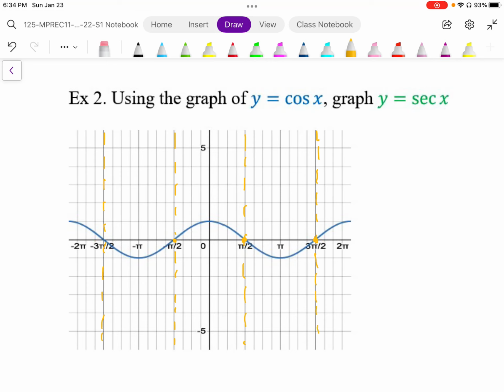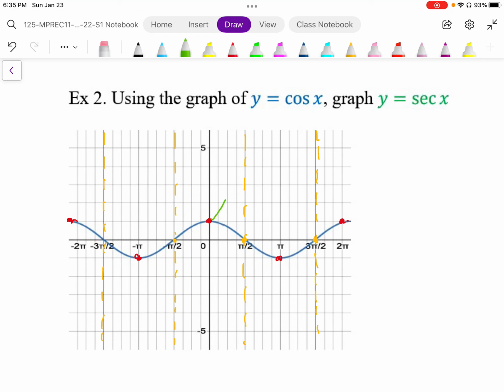There are our asymptotes. We want to then identify the invariant points at positive 1, negative 1. Okay, these represent invariant points. Using those invariant points, we're going to start at them, and notice that the blue graph all moves down from 1 towards the x-axis.